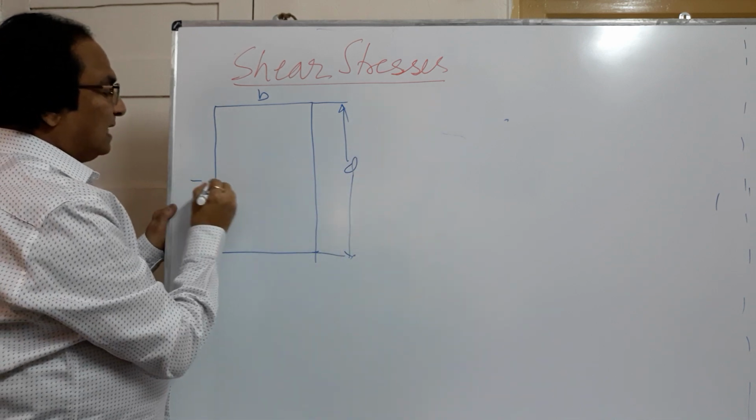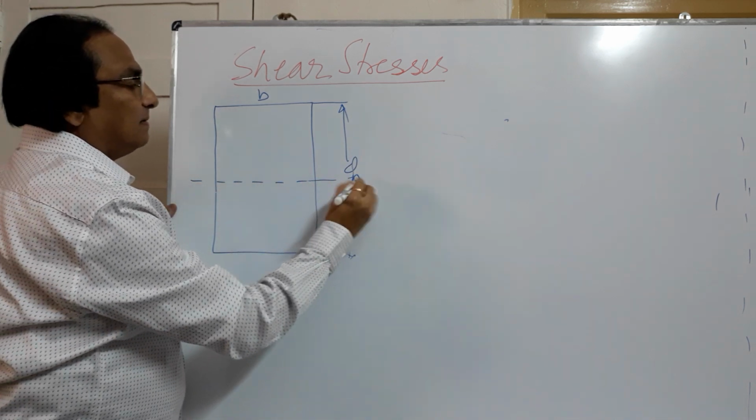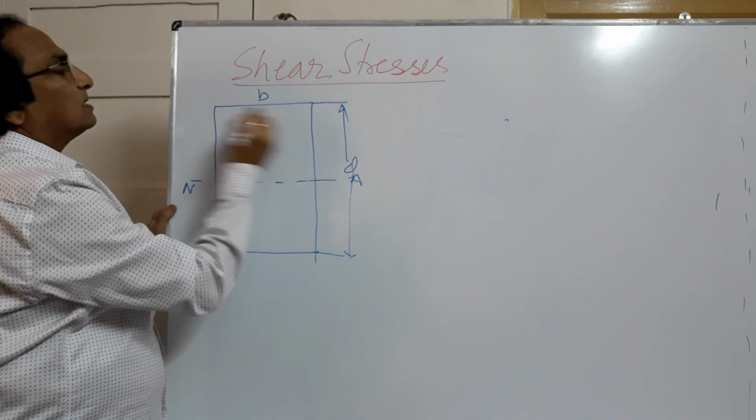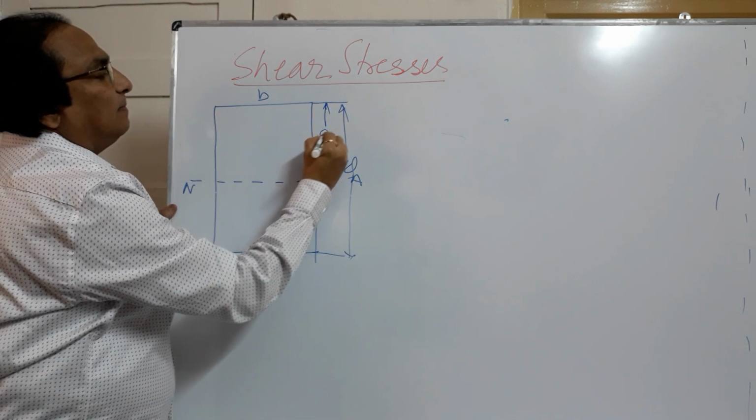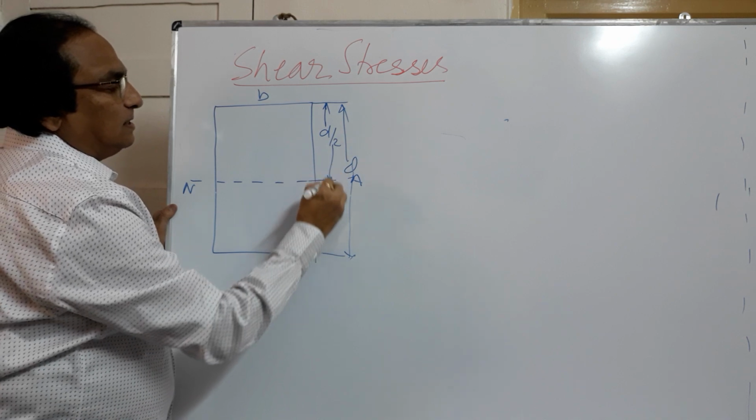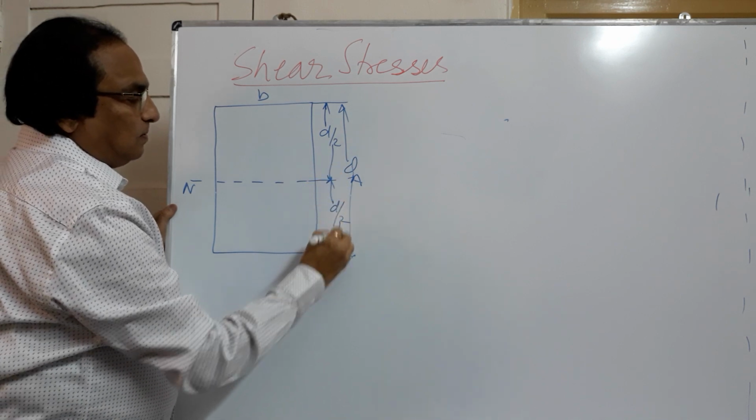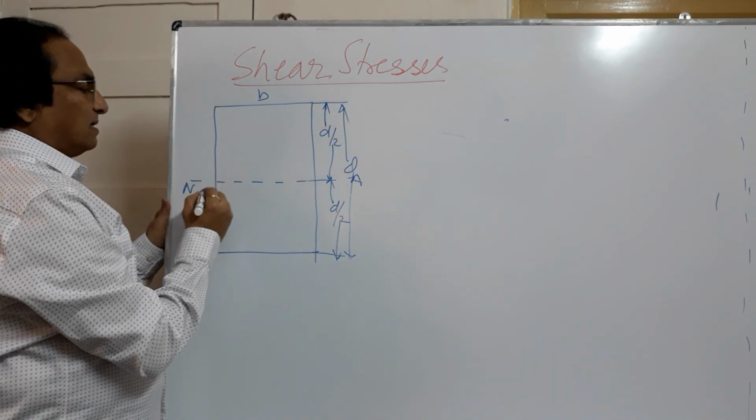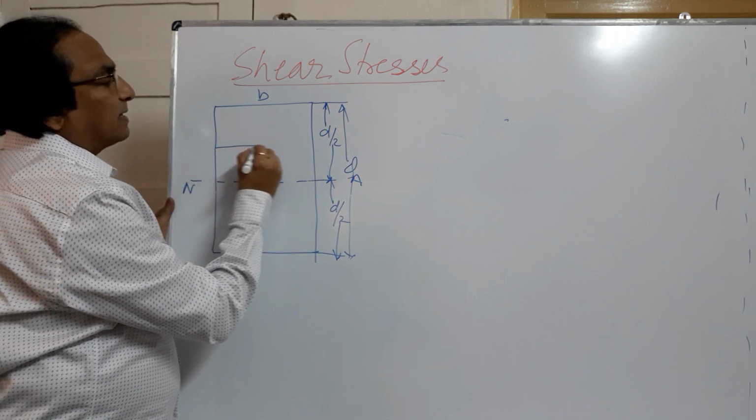We know the neutral axis of the beam is at the center, so this distance will be D by 2 and this distance will be D by 2.